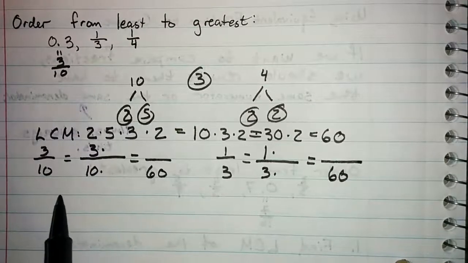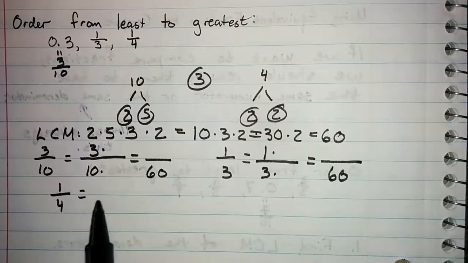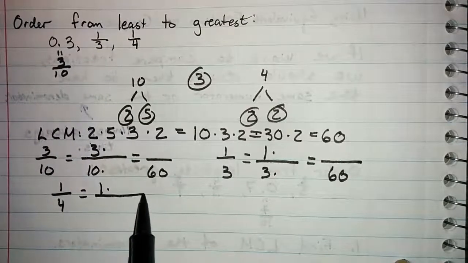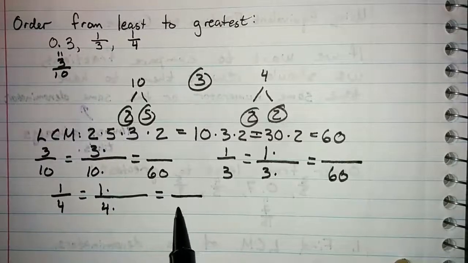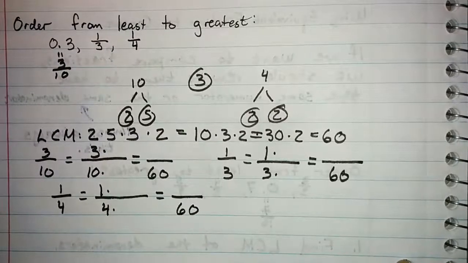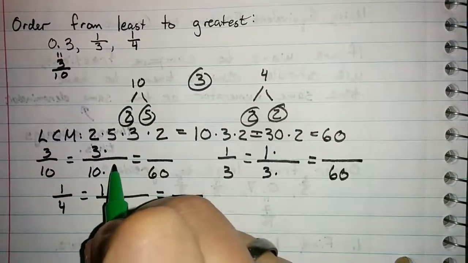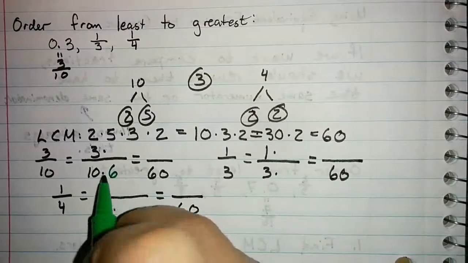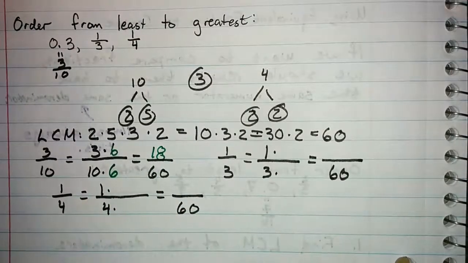And then 1/4 will be 1 times something over 4 times something will be some number of 60ths. 10 times what is 60? Well, 10 times 6 is 60. So I'll have 3 times 6 is 18/60ths.